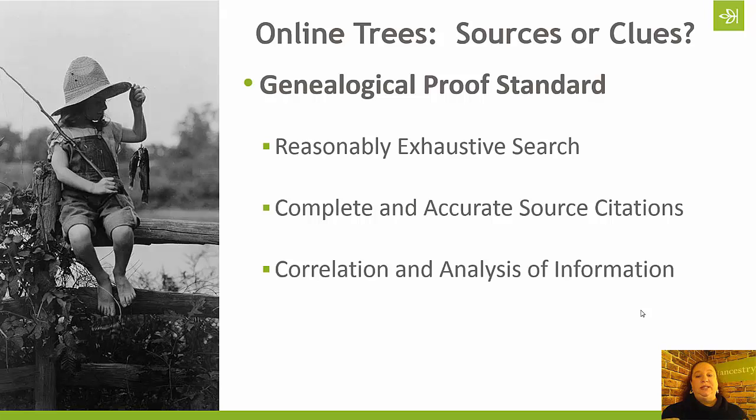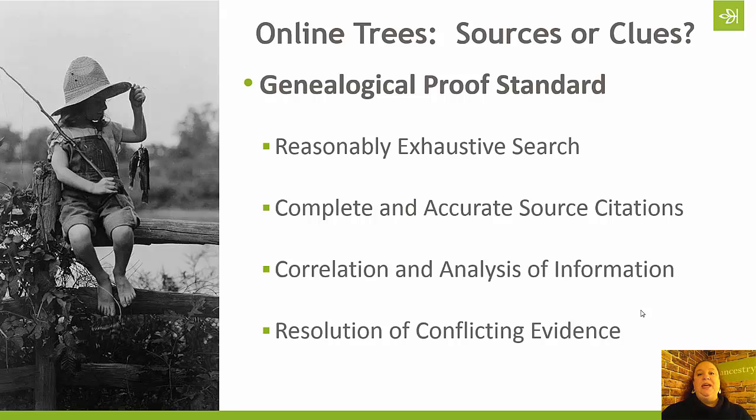We do this source citation, which is not just about where the record came from. It's also extracting all the juicy goodness from the record. It's pulling out all the information. And then we have to correlate all that information across all those different records and analyze it and start to draw some conclusions or set up some hypotheses so that we can continue to move our research forward.